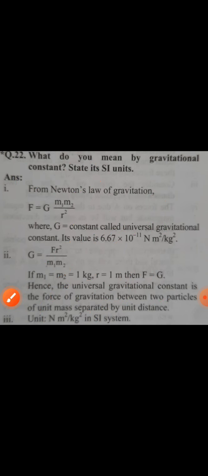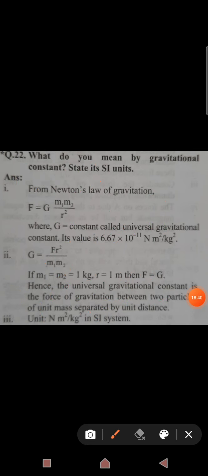So again I am going to explain, pay proper attention so that you can get the idea. Here G is equal to F r square upon m1 m2. What are the dimensions for the force? 1 in mass, 1 in length, minus 2 in time.